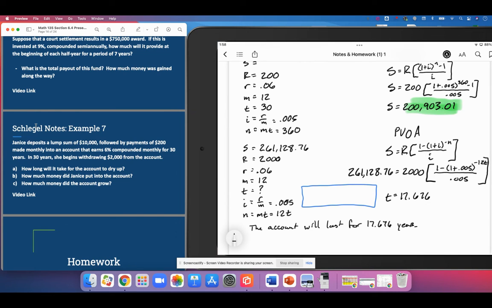But she started with $10,000. Then she kept going with $200 every month for 30 years. And so we'll see what that amount that she contributed to the account was. So 10,000 plus, and you can use Wolfram for this. I'm just going to use my phone. She put in $82,000.